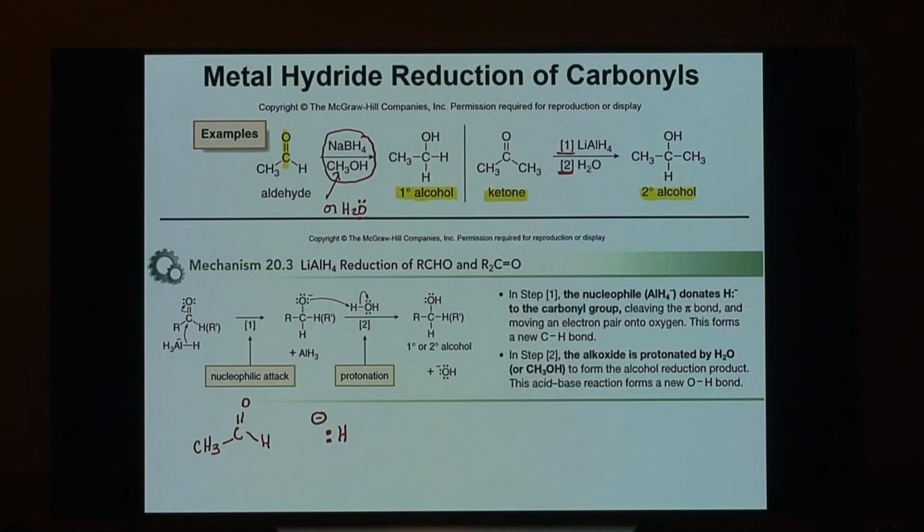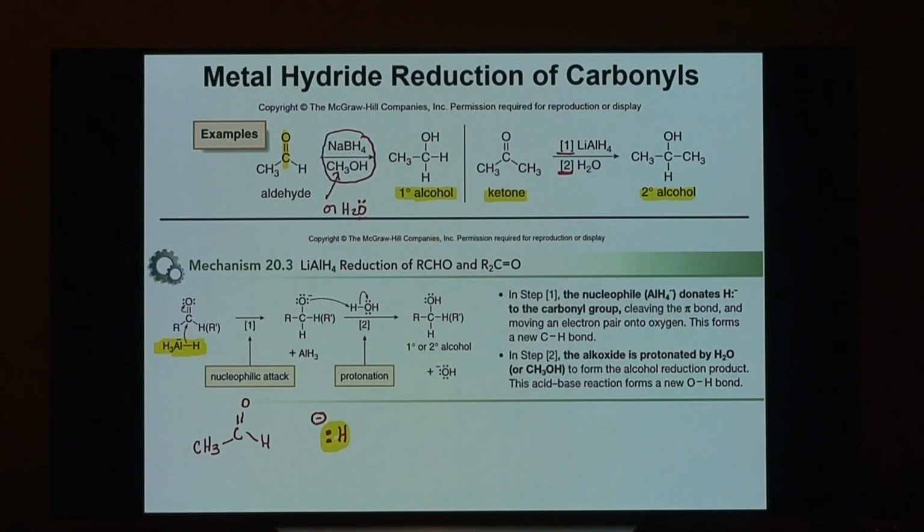So instead of writing the sodium borohydride or the aluminum hydride like I have here, you can simply write it as a hydride, a hydrogen with a negative charge. This represents the hydride that comes out of either the lithium aluminum hydride or the sodium borohydride.